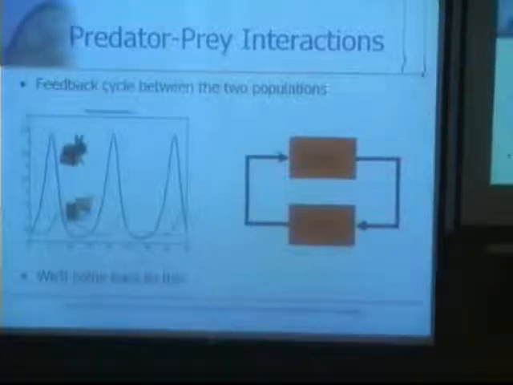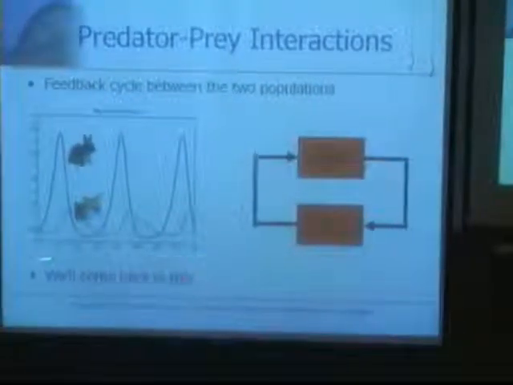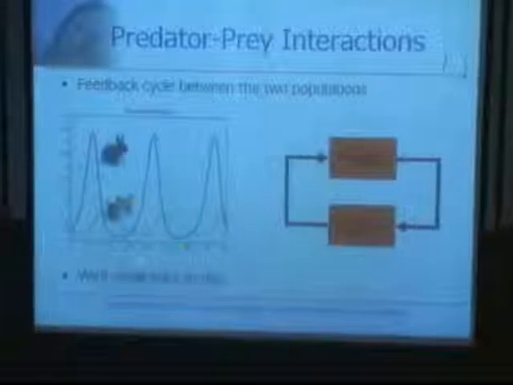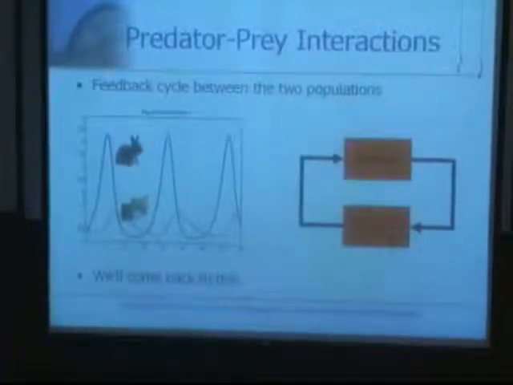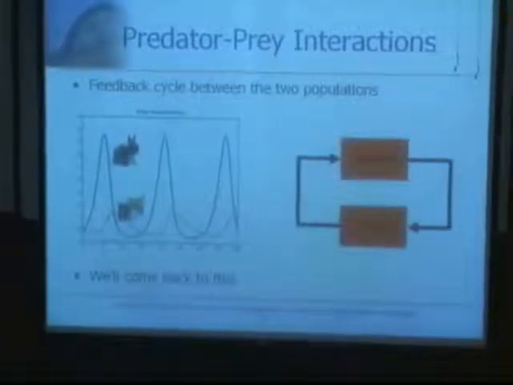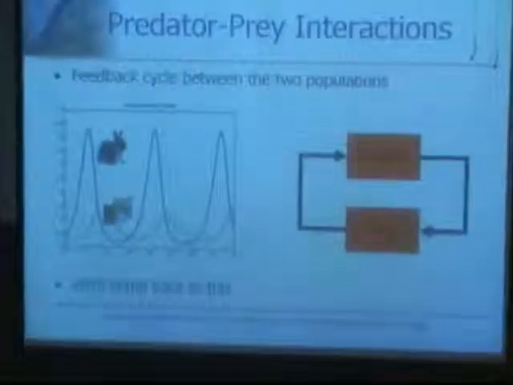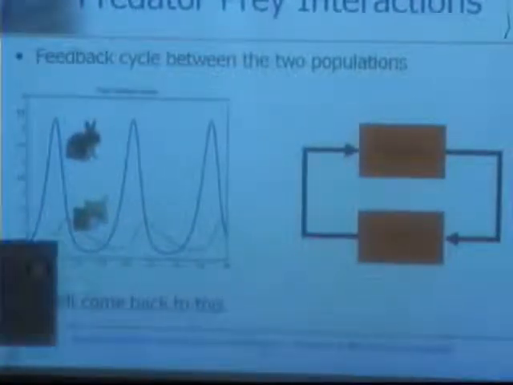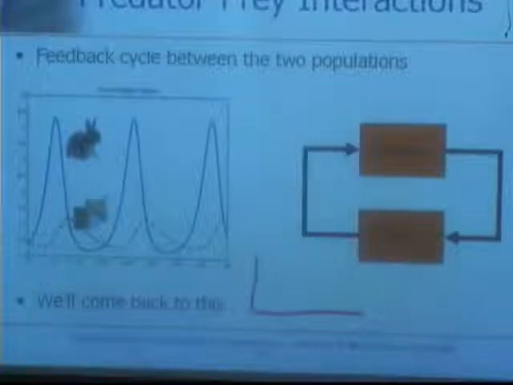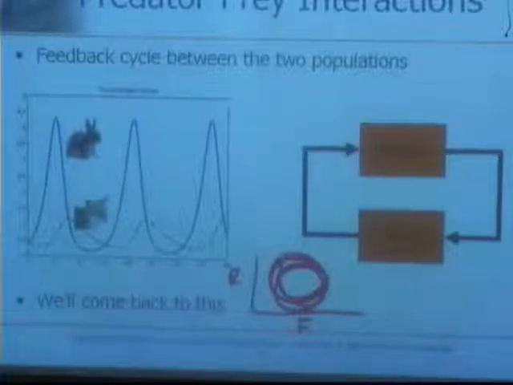If you were to actually graph out, instead of as a function of months here, blue versus green, so if I looked at the rabbits versus foxes on the same graph, if this is rabbits and this is foxes, you're going to end up with something that just cycles. It feeds back, and you're just trading off rabbits for foxes, rabbits for foxes. But that's a feedback cycle.